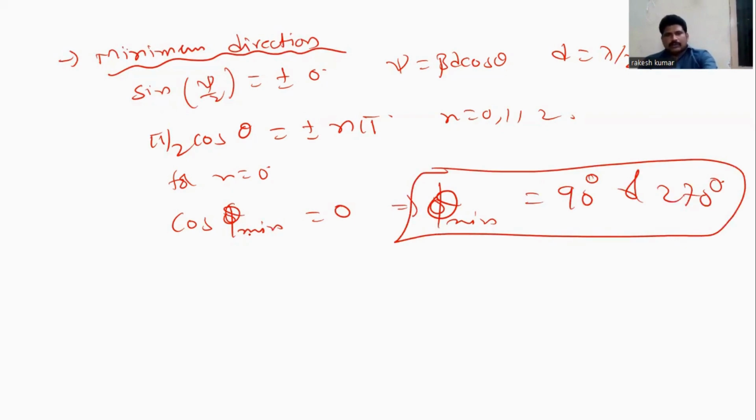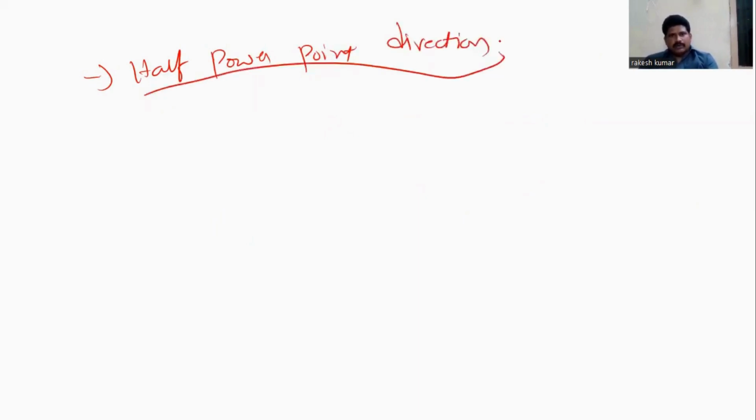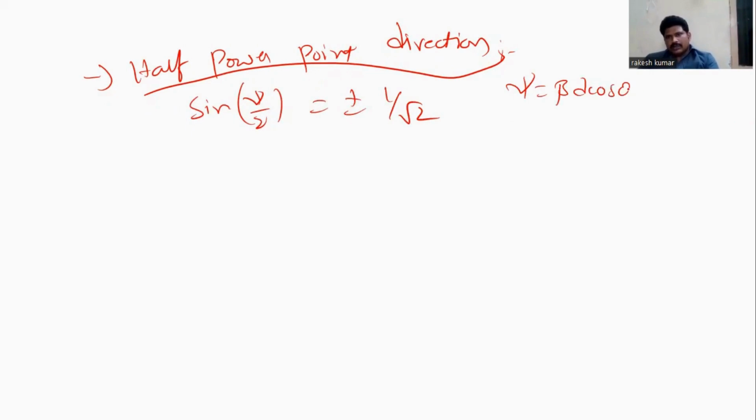Now let us go for the half power point direction. Half power means the electric field strength has fallen to 1 by root 2. So the condition is sine psi by 2 is equal to plus or minus 1 by root 2, where psi is equal to beta d cos theta and d is equal to lambda by 2.